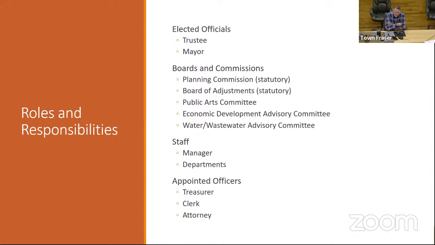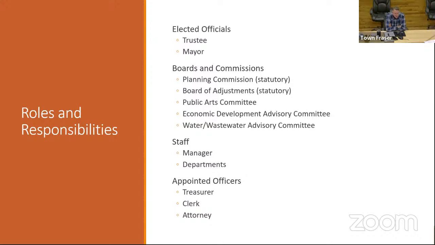The staff, let's start with the manager. Our town of Fraser operates under the council manager form of government. And this means that the Board of Trustees and the mayor hire a town manager to actually run the operations of the town and to oversee all those operations.